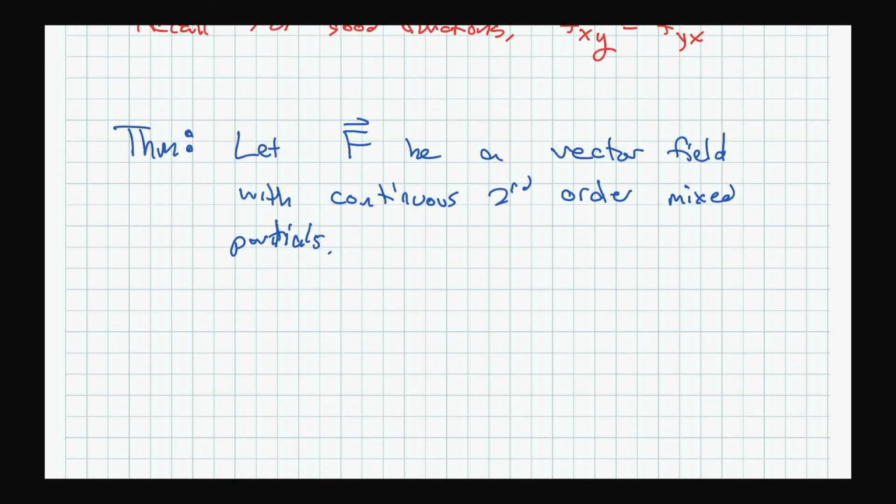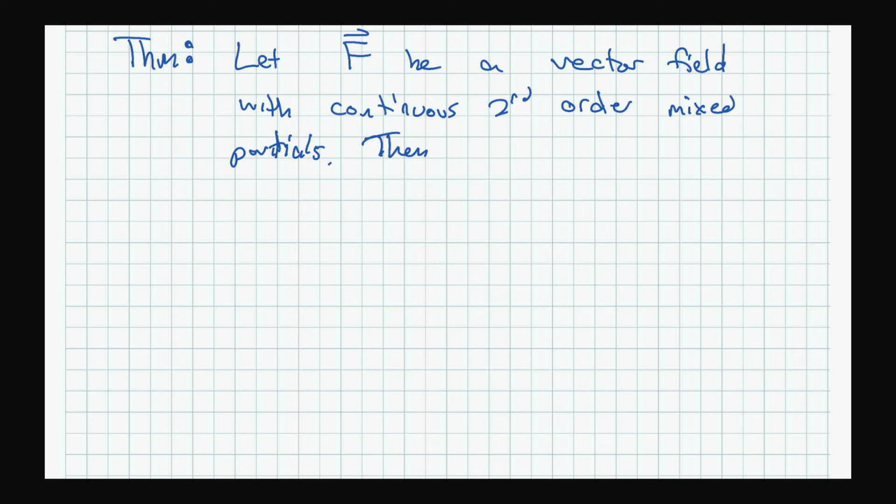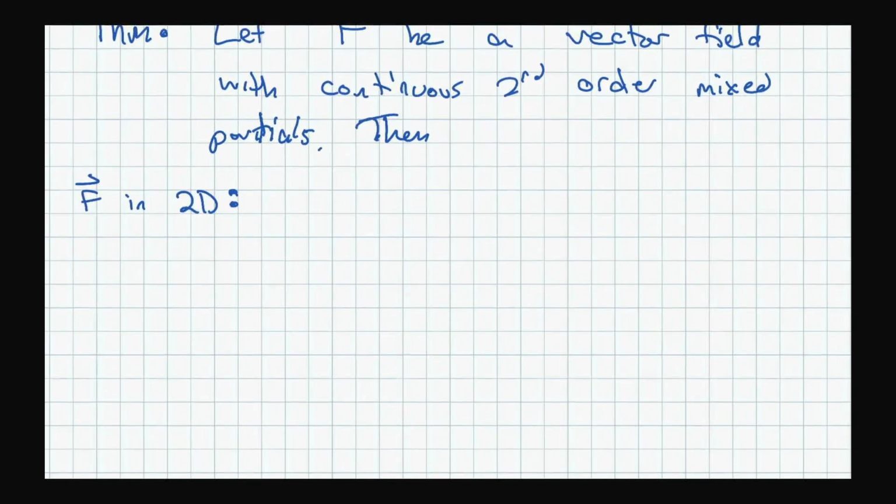So if f is a continuous vector field with continuous second order mixed partials, then, in 2D, this is for f in 2D, I guess actually they write it slightly different. Let me rewrite it.